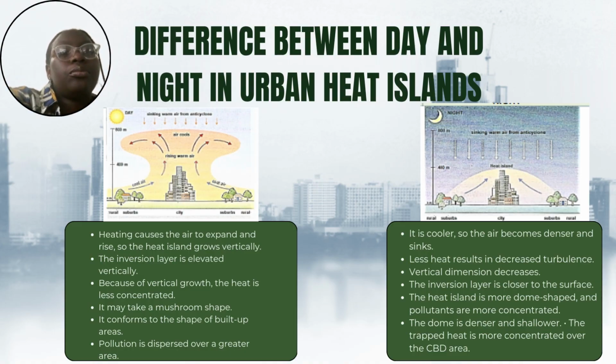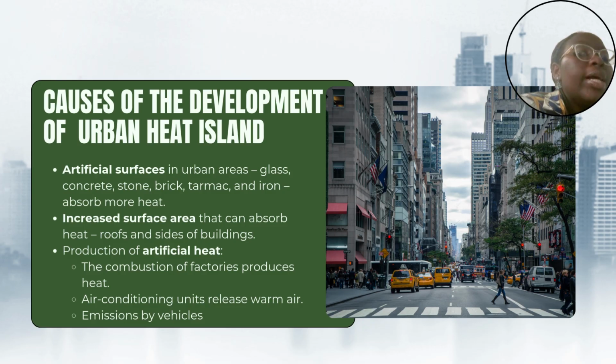Alright. So now we'll look more in depth into why these urban heat islands form in the first place. So again, as we said earlier, there's more artificial surfaces in urban areas. So we have glass, we have concrete, we have stones, brick, tarmac, and iron, which will absorb a lot more heat. There's also an increased surface area that can absorb heat, as we said. So there's more roofs and size of building.